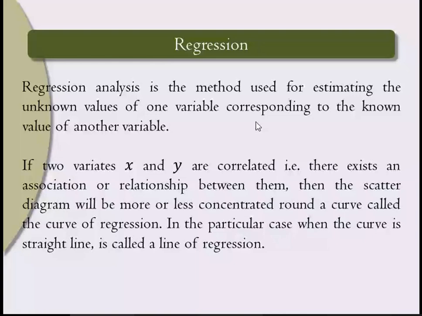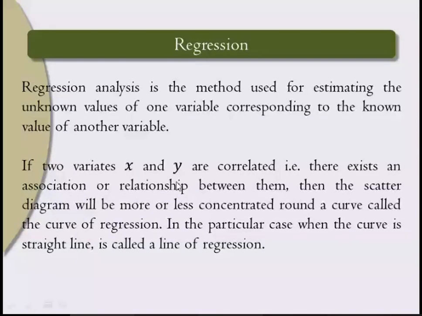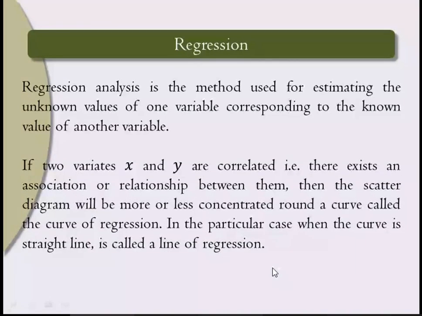How does this regression work? We draw a graph and take the corresponding tabular values of x and y as the x coordinate and y coordinate, and plot each as a point. Then the curve passing through the maximum number of points is called a regression curve.